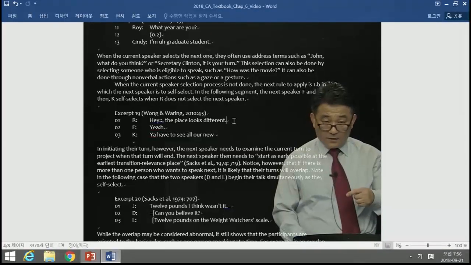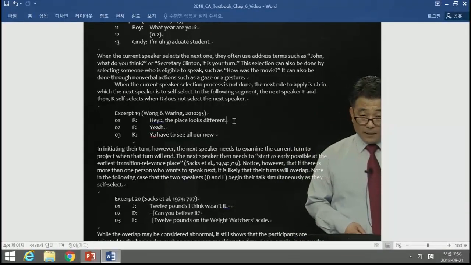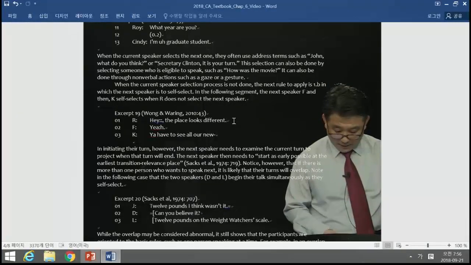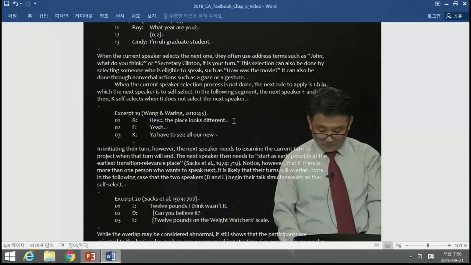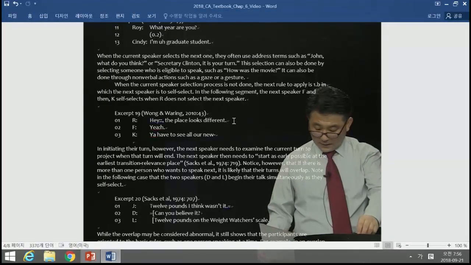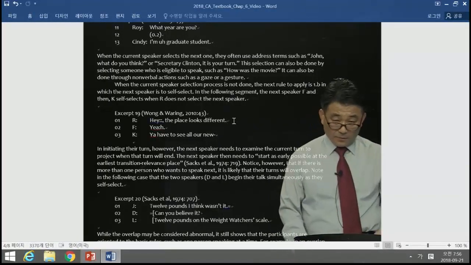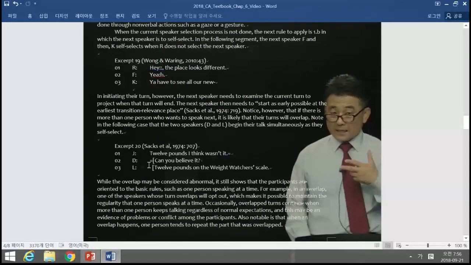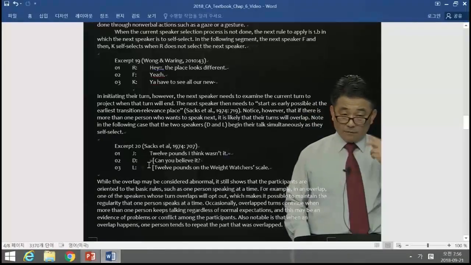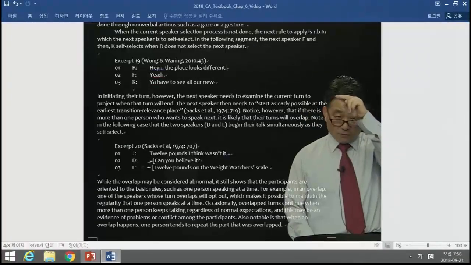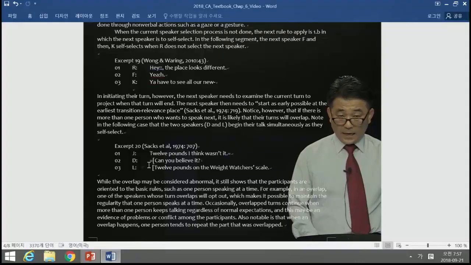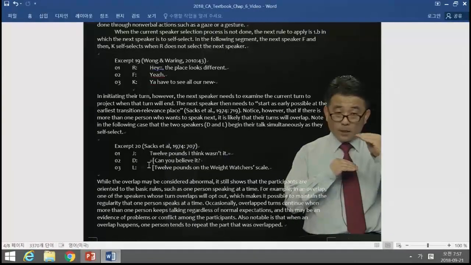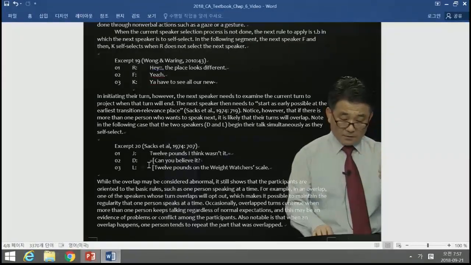So that's the case of Rule 1B, because A didn't happen, so participants go into B, and so on. Excerpt 20 is interesting. There's an overlap, and you can certainly explain why this is the case if you understand how this rule applies, and also if you understand the projectable completion, how people anticipate the end of the turn.